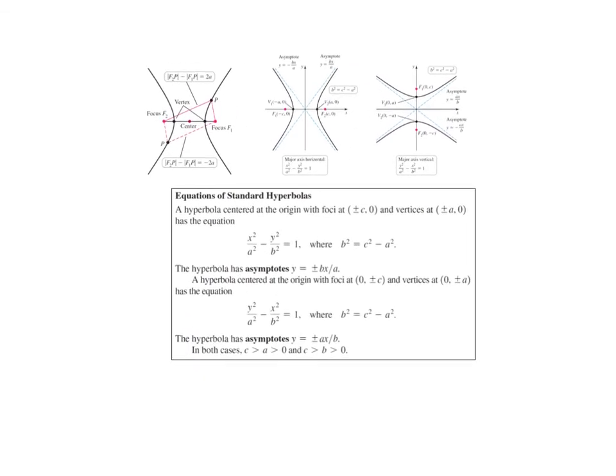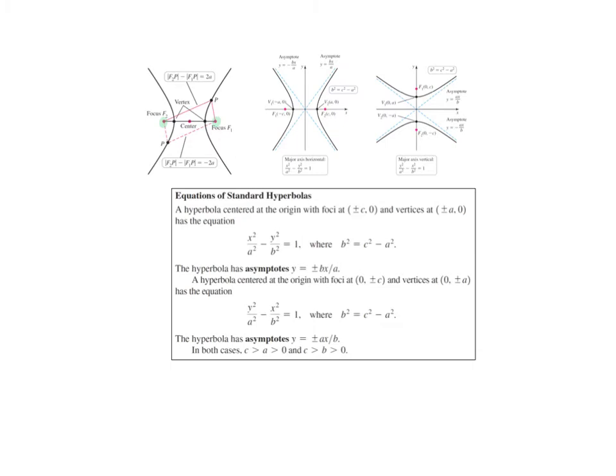Our last conic section would be a hyperbola. The hyperbola is probably the most complicated of them all. So if we look at the hyperbola, it's sort of two parabolas, so it's going to have two focuses, or foci.